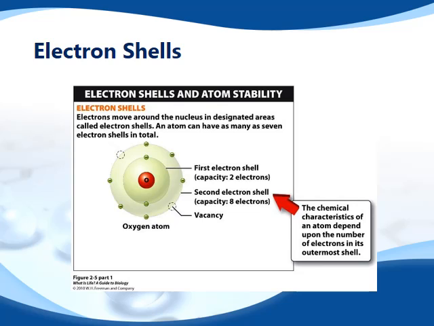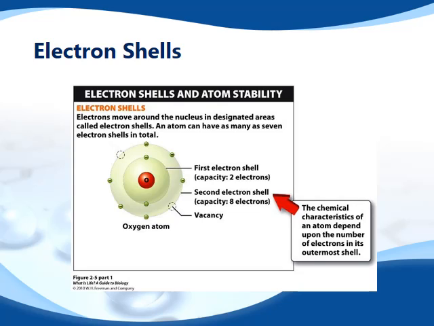Let's look at the electron shell. Electrons move around the nucleus in designated areas called electron shells. An atom can have as many as 7 electron shells in total. These electron shells may not contain the same amount of electrons. For example, the first electron shell has a capacity of only 2 electrons.